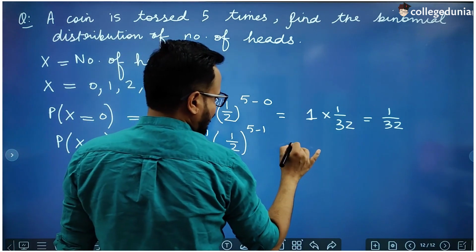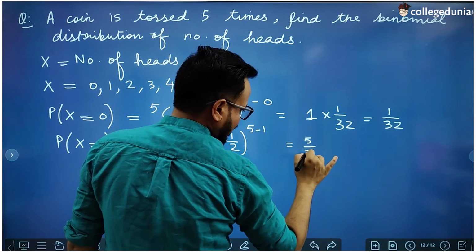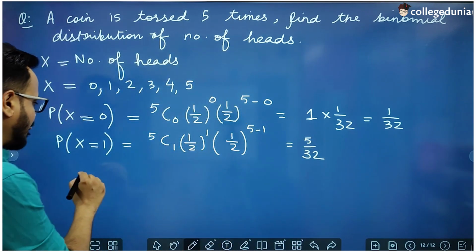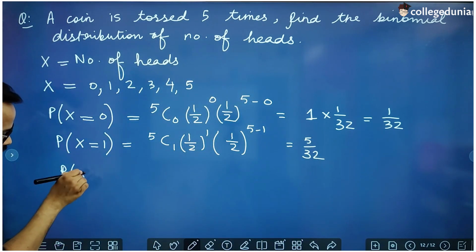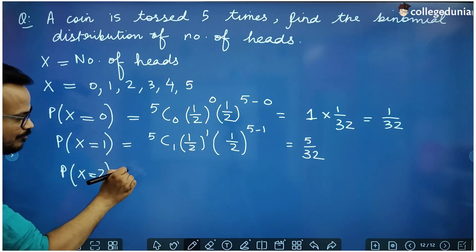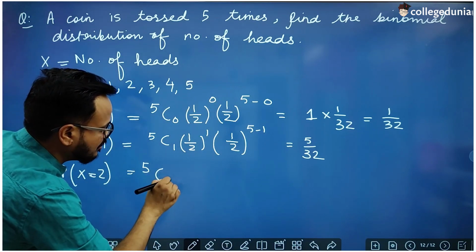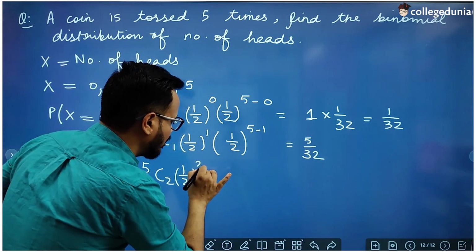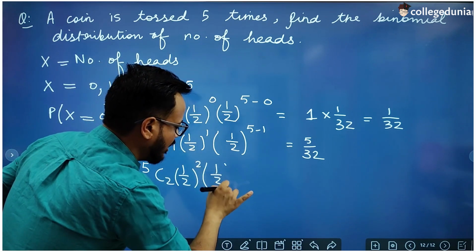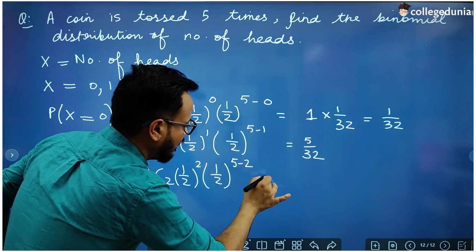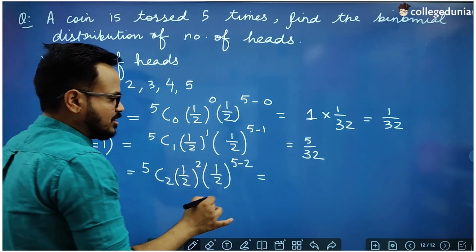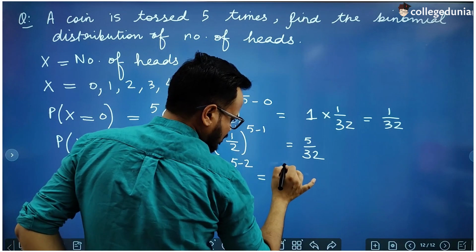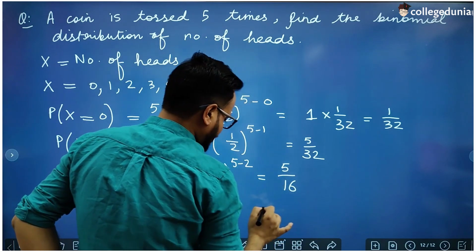And 5C1 is 5, so it becomes 5 by 32. P(x=2). 5C2 (1/2)^2 (1/2)^(5-2). 5C2 is 10, so it is 10 by 32, which is 5 by 16.